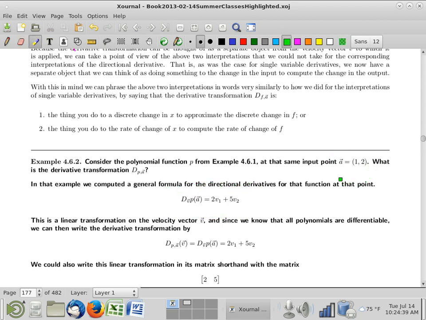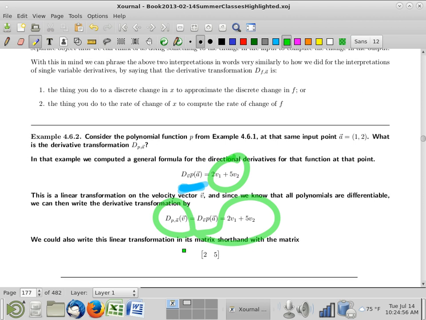So all at once, this linear transformation computes all of my directional derivatives. Well, then that is my derivative transformation. The derivative transformation is that function. Said differently, here's the matrix that represents that linear transformation. So thinking back to chapter 3, how we represent linear transformations with matrices, this is the matrix that does it.